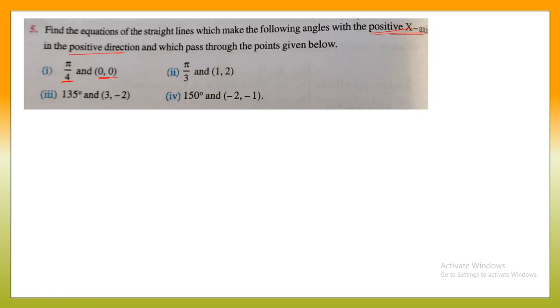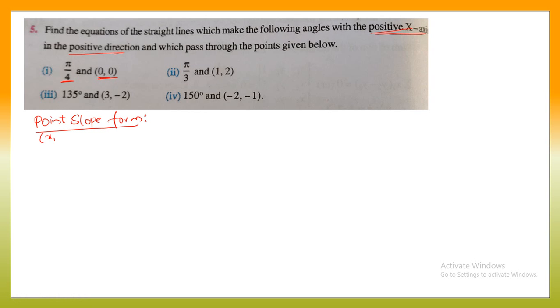So inclination is nothing but, by applying tangent, we can obtain the slope, right? That means since he has given a point and a slope, we need to apply the point slope form here. So what is the point slope form?